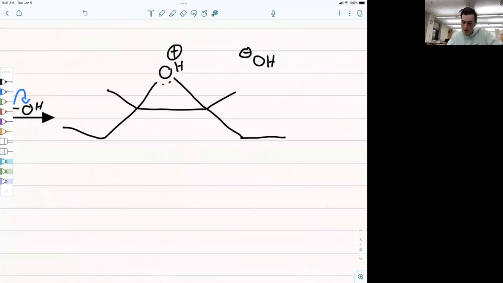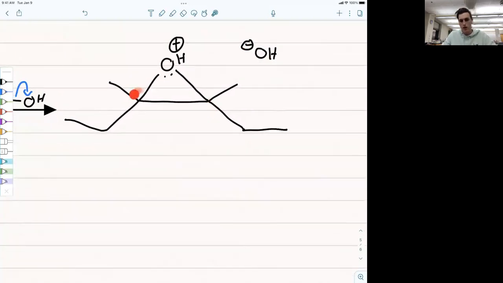The other reason is, we have OH, which we could use for SN2, but our biggest problem here is I have a tertiary carbon over here and another tertiary carbon over here. So I can't use 2 tertiary carbons for SN2. They're just not stable enough.